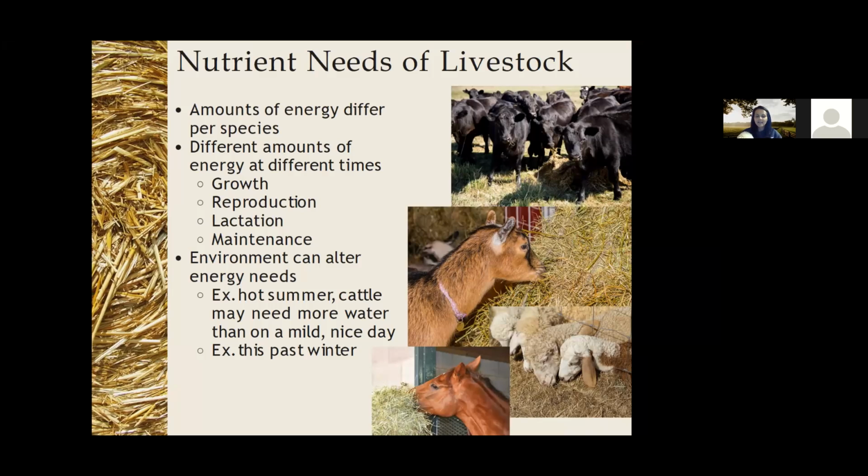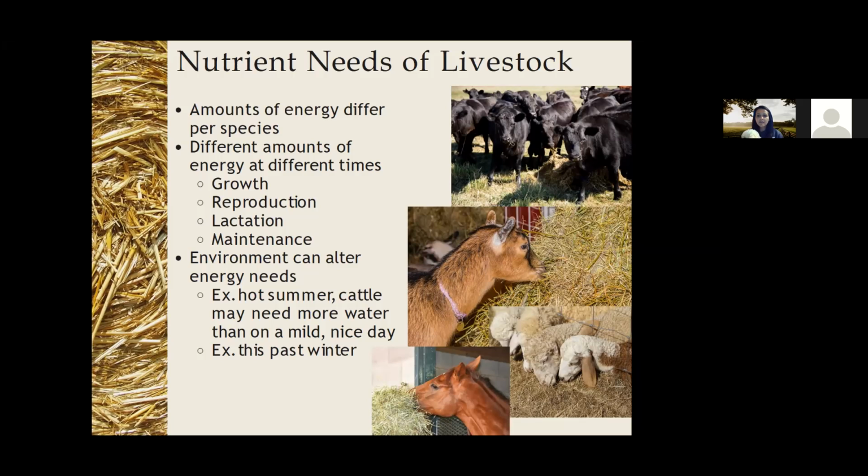I know at the UK Veterinary Diagnostic Lab, they were seeing animals come in that were dying. They had full bellies, but they were losing all the fat around them. So they might have been eating hay, but it may not have been the right nutrition that they needed to be getting. So keep that in mind.